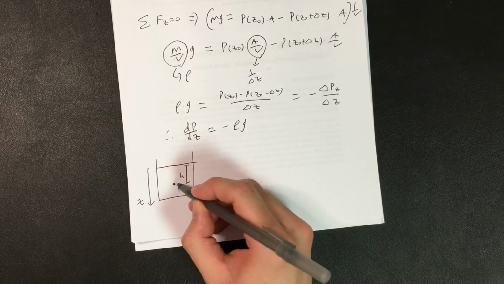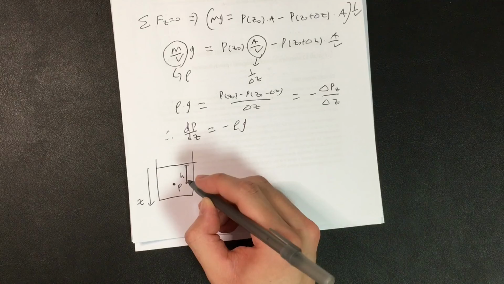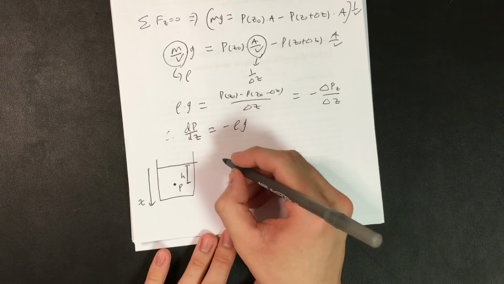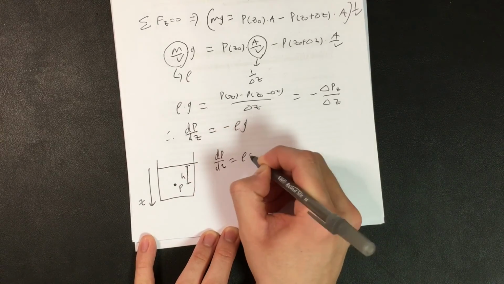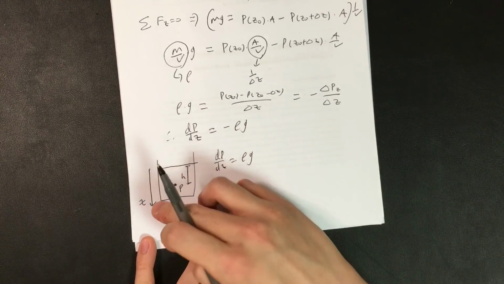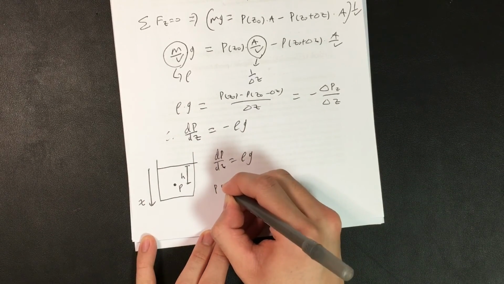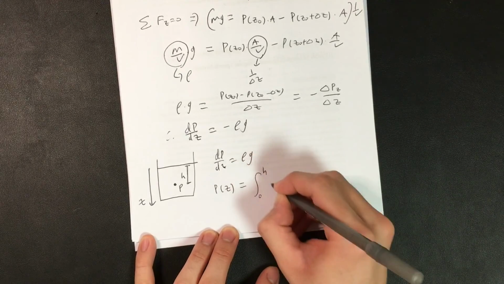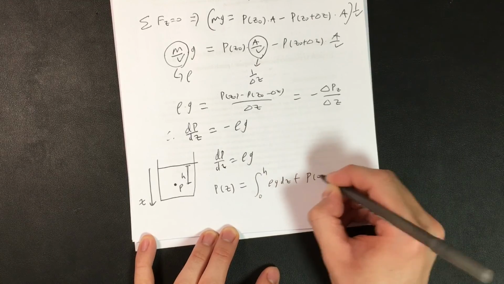Now, if I want to get the pressure inside this water at point P, where the depth from the surface equals h, if I set z as the downward direction, then dP/dz is just going to be rho g, because previously I set the z-axis as the upward direction. Therefore, P at position z is going to be the integral from 0 to h of rho g dz plus P of 0.